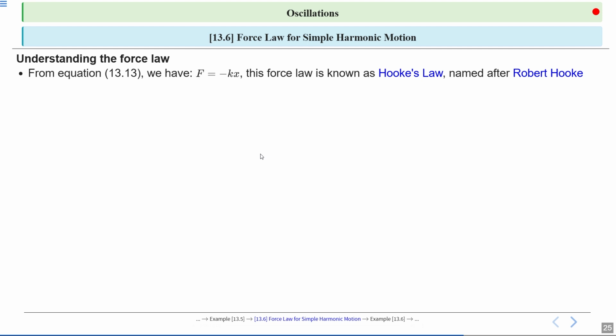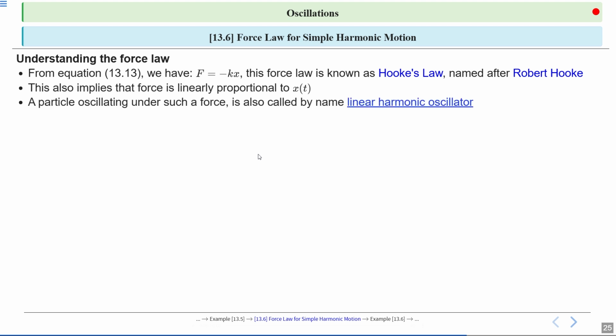This force law is known as Hooke's law, named after Robert Hooke. This law tells us that the force is directly proportional to x, the displacement. That means if you double the displacement, the force doubles too, but always in the opposite direction.